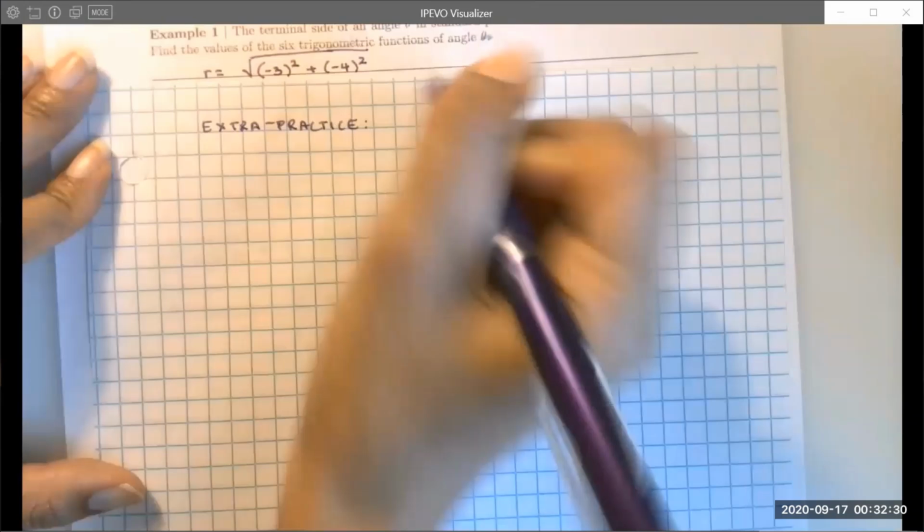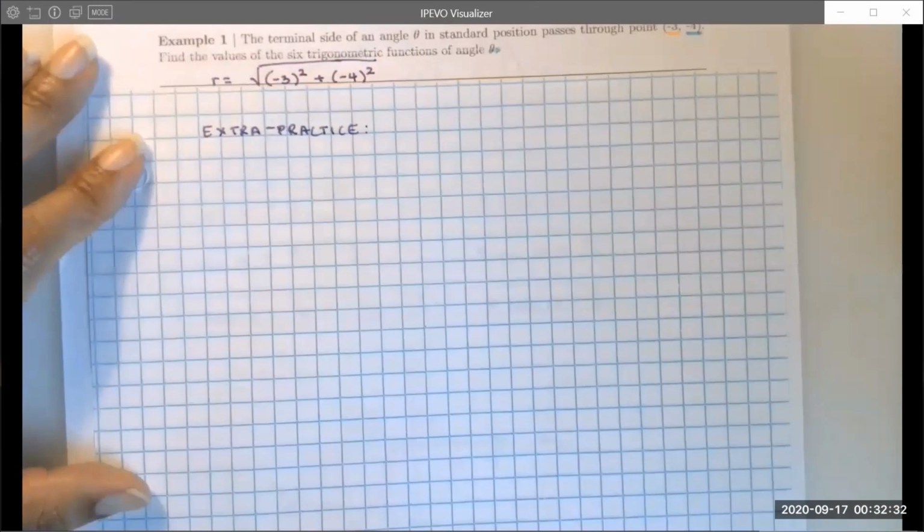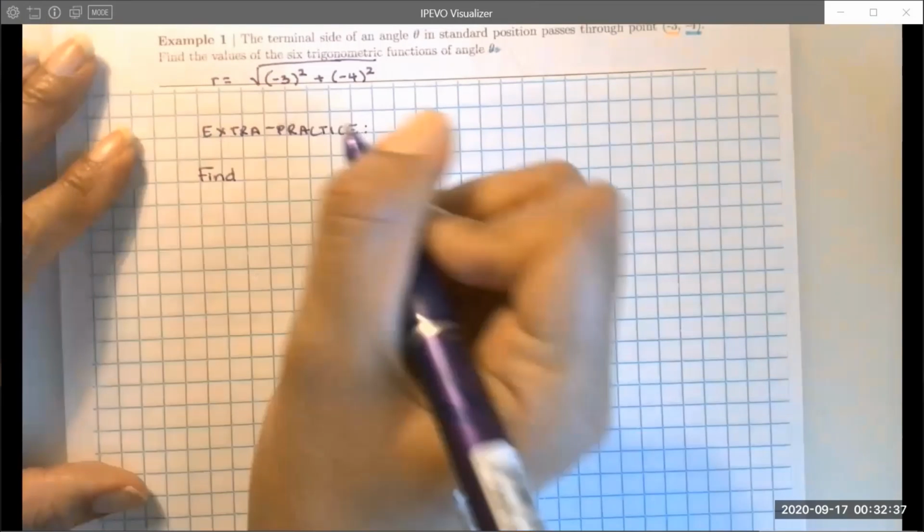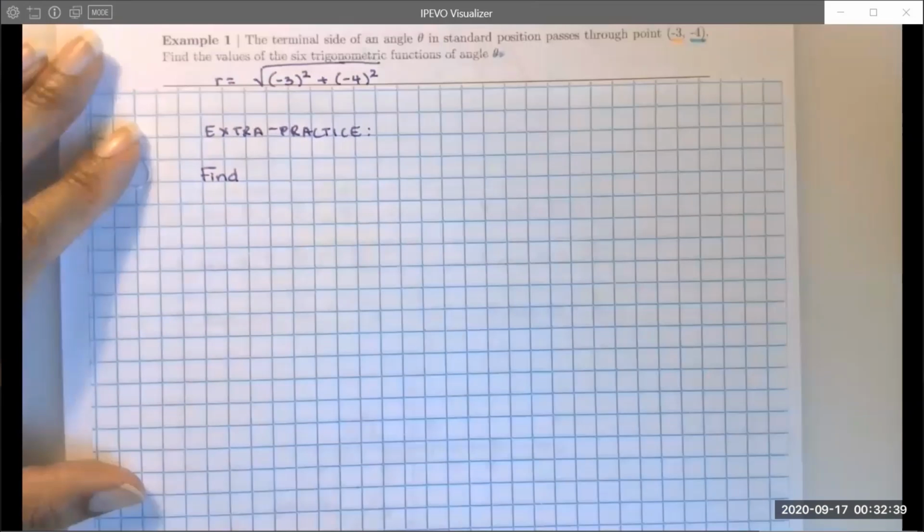Try to find the 6 trig functions for an angle that has this point on its terminal side.